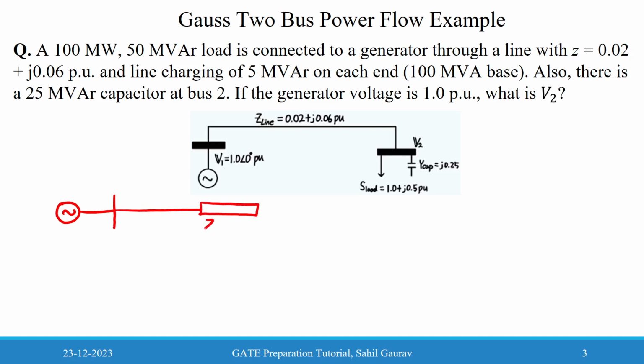Z line is given as 0.02 plus j0.06 per unit, and this is bus number 1 and this is bus number 2.